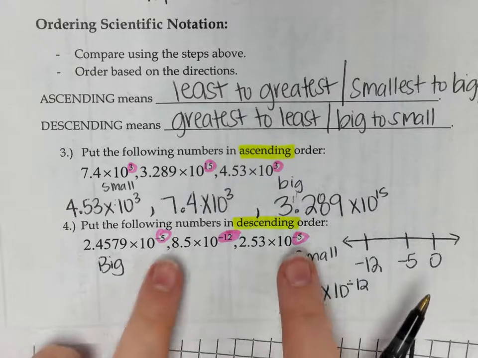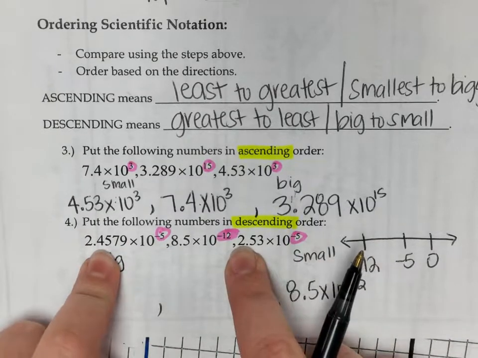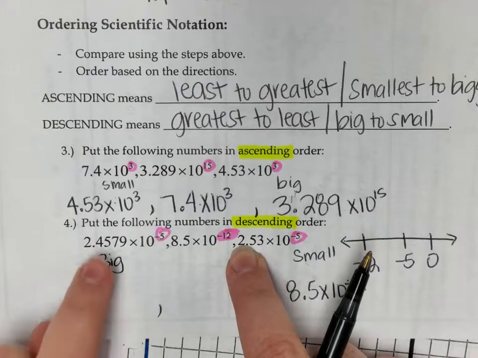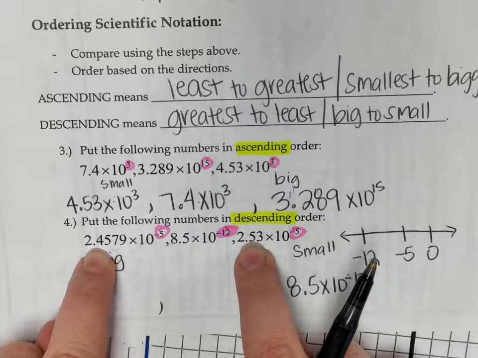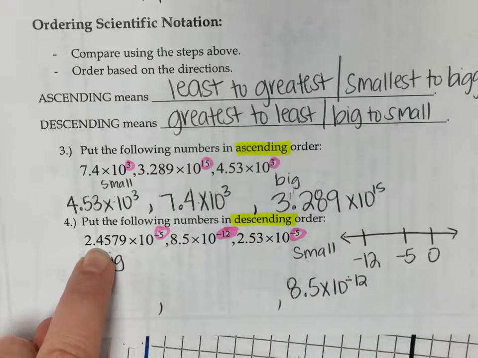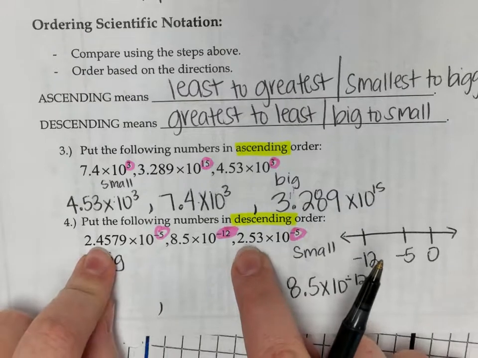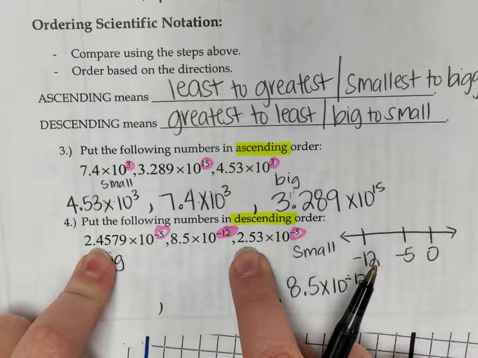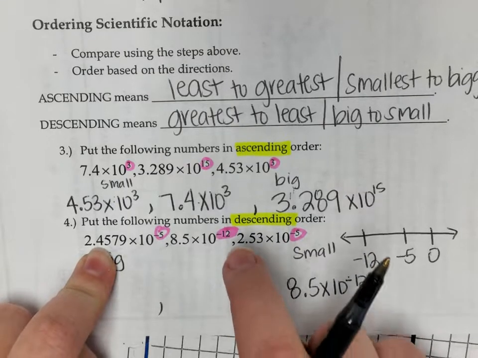Now, we have two with -5 as our exponent, so we've got to look at their decimals. So, Dylan, which one's bigger, 2.4 or 2.5? 2.5 is bigger, right?